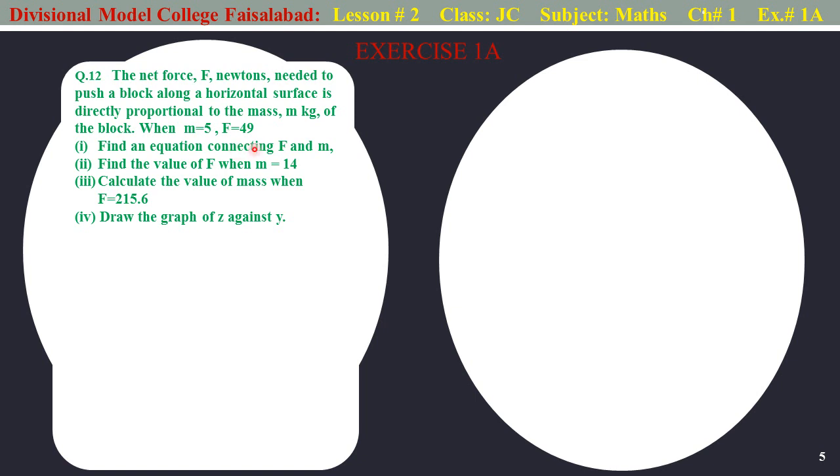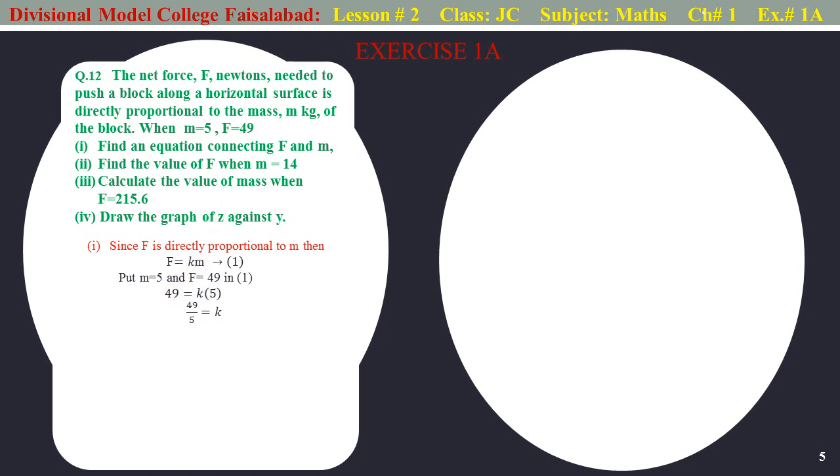So that is very simple. You will write a relation between F and m first in terms of k. Because it is given that F is directly proportional to m, we will write F is equal to km, equation number 1. Now we will put these values of F and m in this equation. F is 49, m is 5.